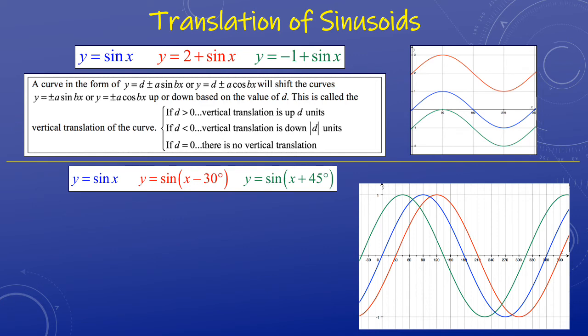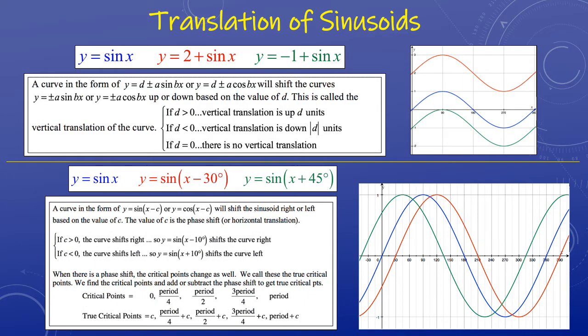Notice though that our red curve, y is equal to sine of quantity x minus 30 degrees, takes our blue curve and shifts it 30 degrees to the right, while y is equal to sine of x plus 45 degrees takes our blue curve and shifts it 45 degrees to the left, getting the green curve.